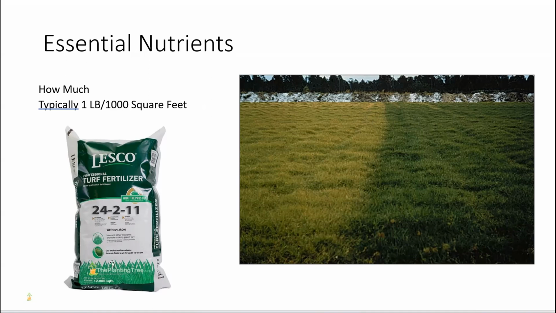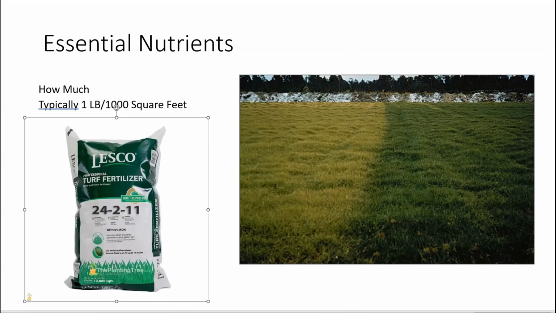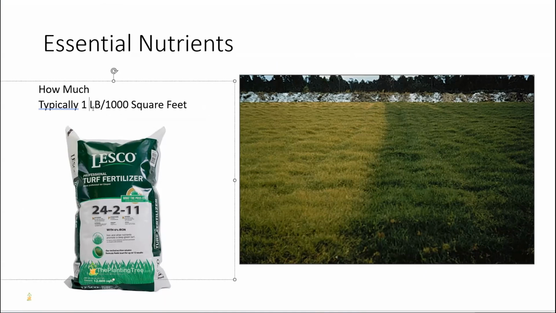Now, here we've got our nitrogen, phosphorus, potassium. If we zoomed in on this, it's going to tell us where that came from. That's a little too hard for me to read. So nitrogen, phosphorus, potassium. A very typical application to lawn is 1 pound nitrogen per 1,000 square feet.